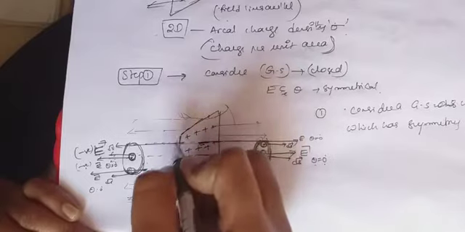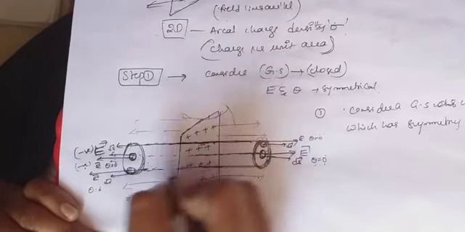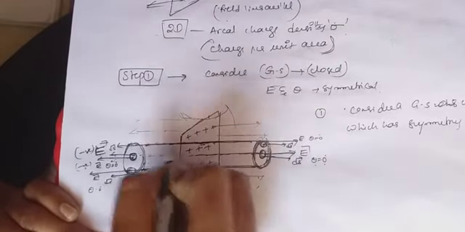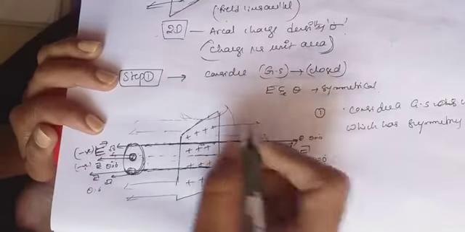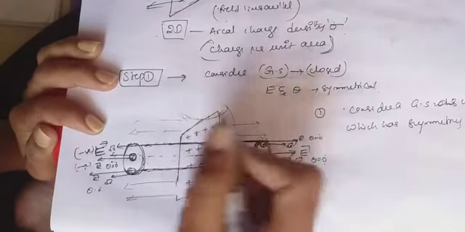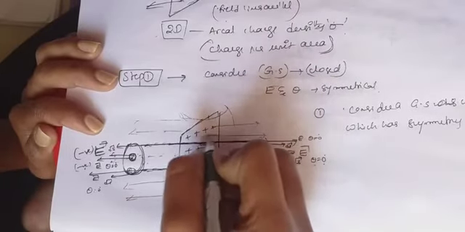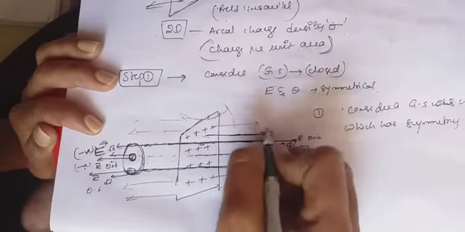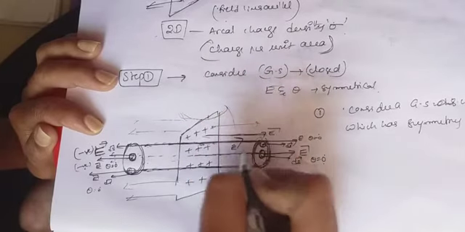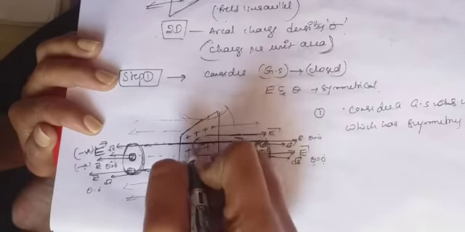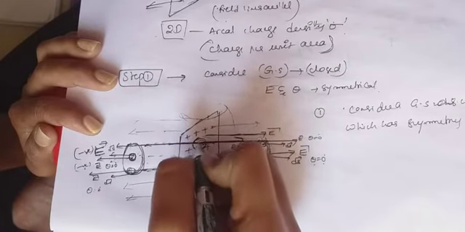Now here this is the curved surface of the cylinder. At the curved surface, this is the charge. This is the electric field vector direction. Here I am considering one small area on the curved surface.